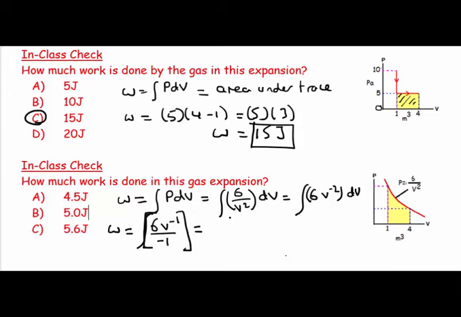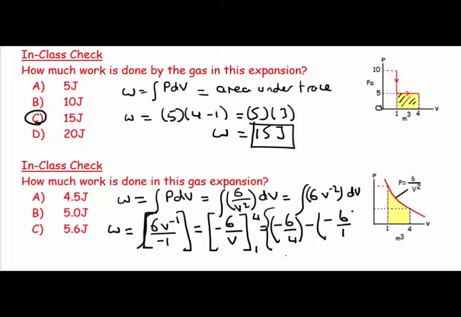Which equals minus 6 over V. And our limits are between 1 and 4, which equals minus 6 over 4 minus minus 6 over 1.